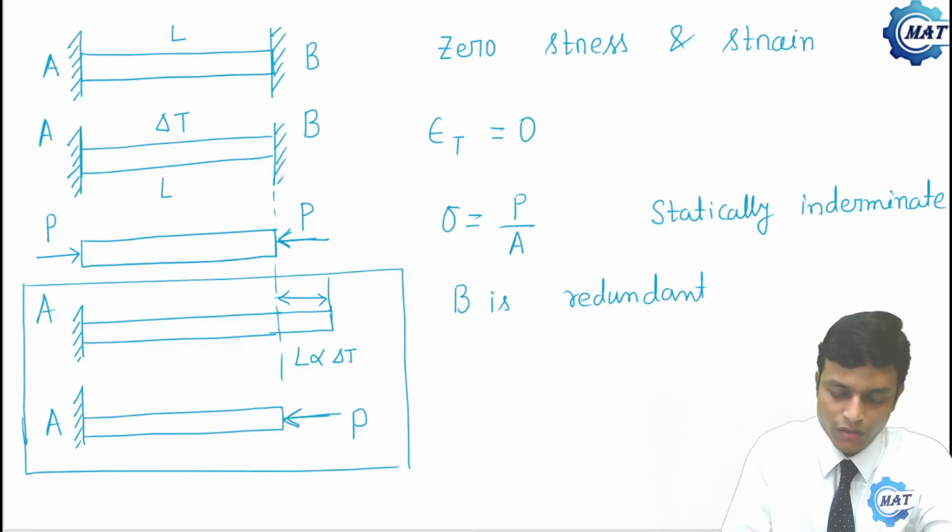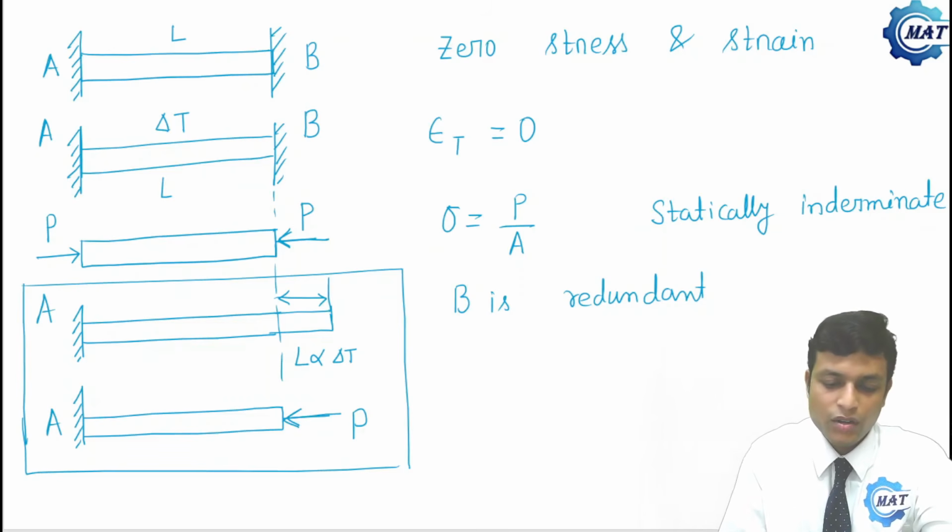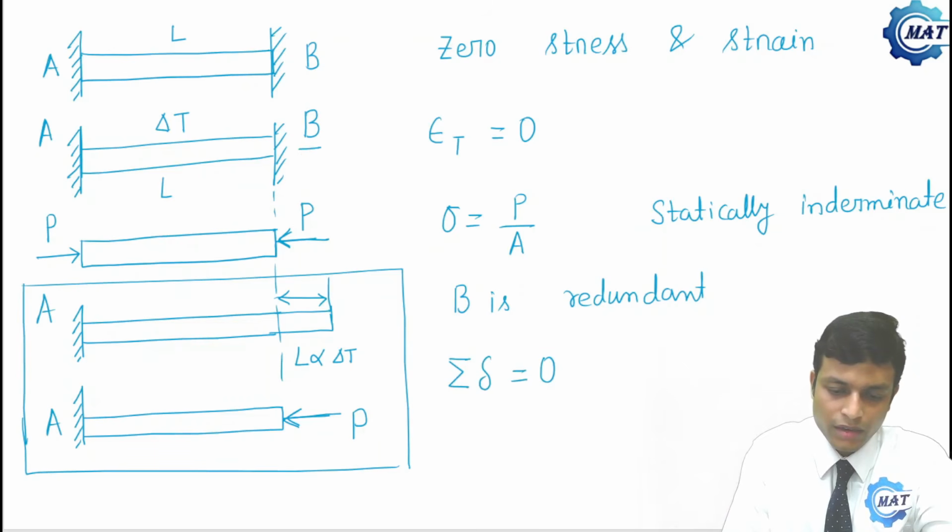Due to the combination of these two, the resultant elongation of the bar is 0, because it is fixed between two fixed supports.